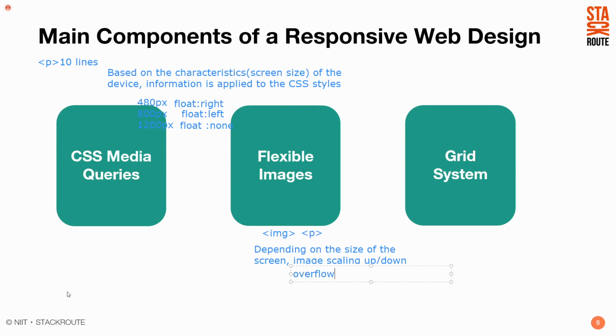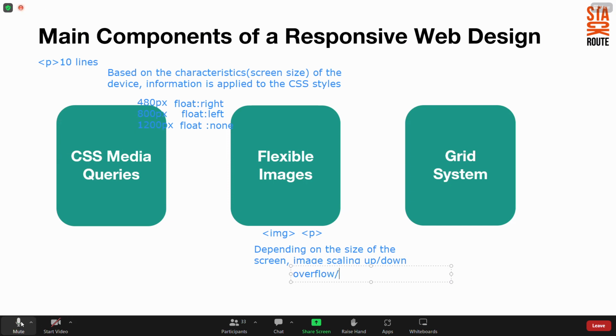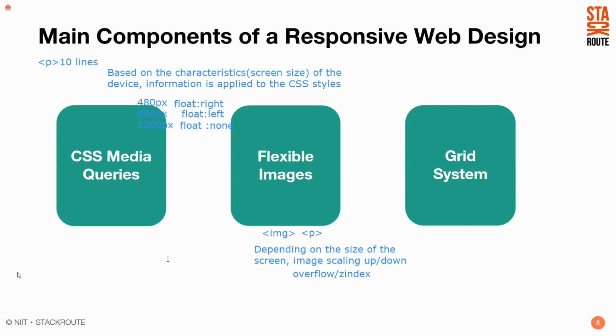Do we come across something called overflow, z-index? If I have a paragraph and an image and I reduce the screen size, you can use the overflow CSS property. Or otherwise, if I want the content to be visible, you can use z-index. Adapt your image to fit onto your screen.